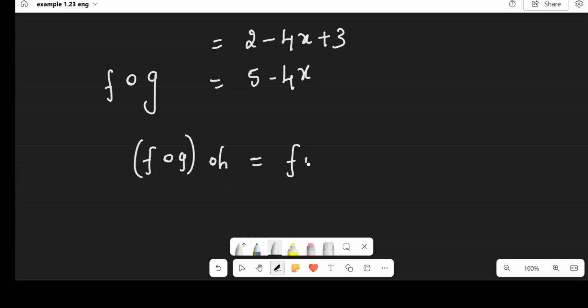We can write f of g of h of x. This is the expansion of this one.